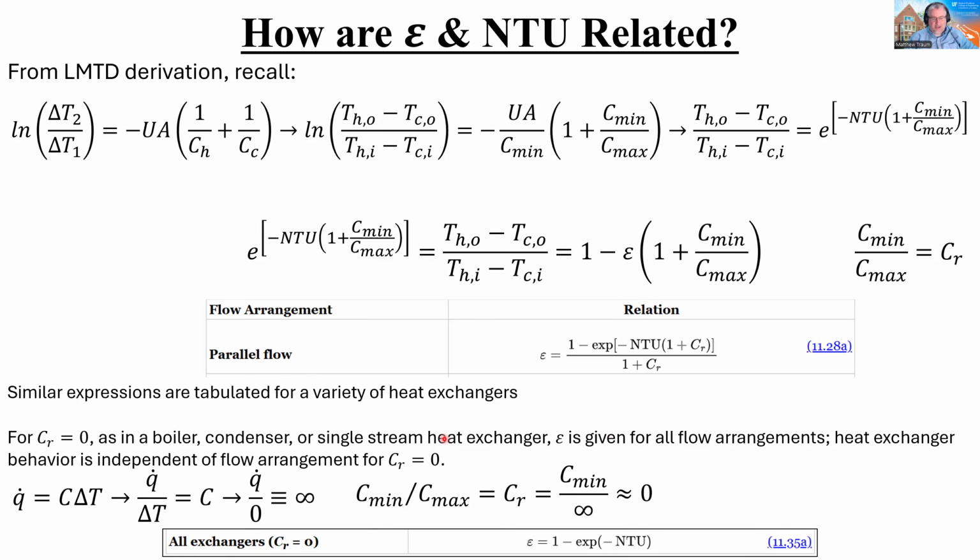So this does actually happen. So I say here for CR equals 0, effectiveness is given for all arrangements. This is a universal expression for all heat exchangers for which this situation is true.